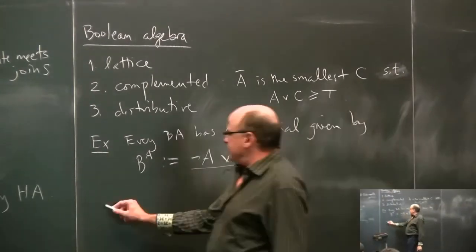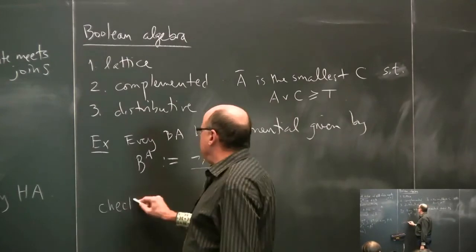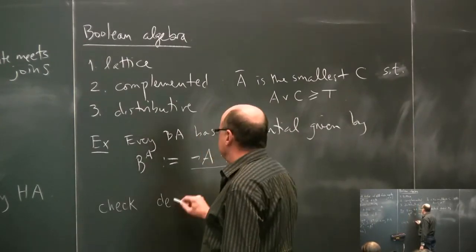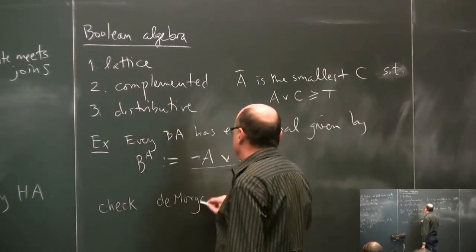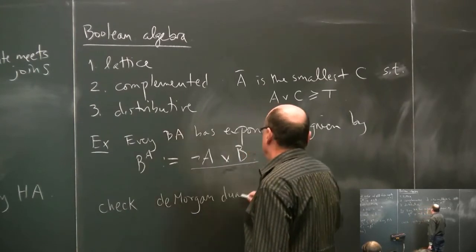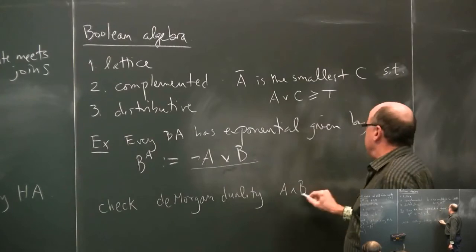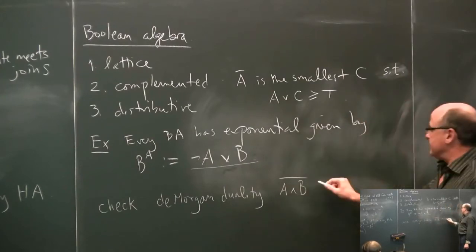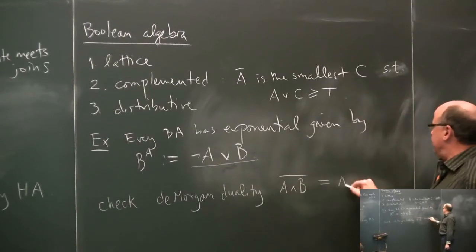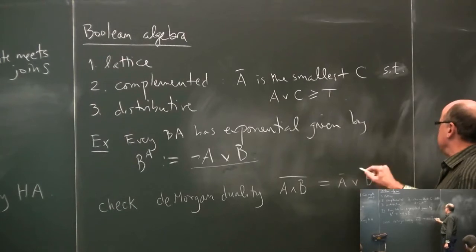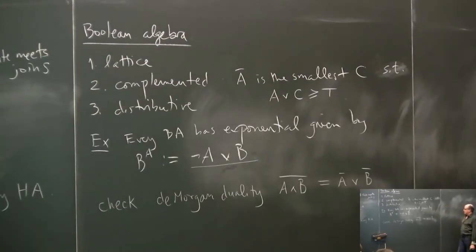You can also check various things like what is called De Morgan duality, which would tell us, for example, that you can prove the complement of A and B is the join of the complements, and dually the other way around.